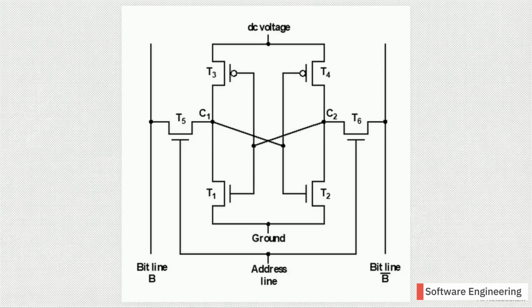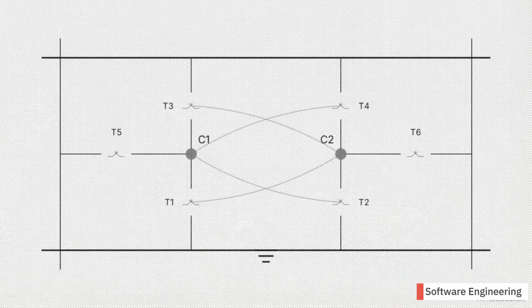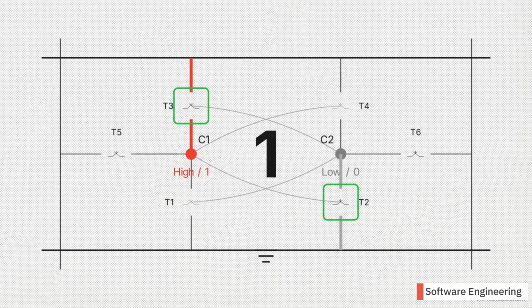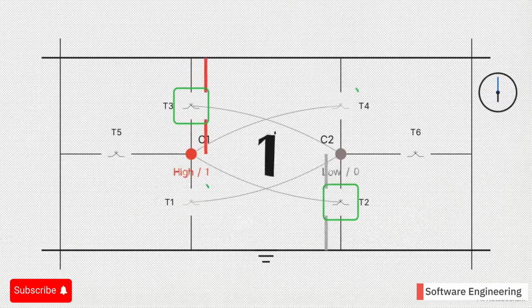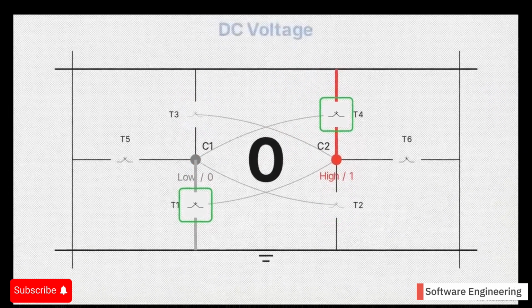The core mechanism relies on 4 transistors, T1, T2, T3, and T4, that are cross-connected to produce a highly stable logic state. When a logic state of 1 is held, point C1 remains high and C2 remains low. This configuration keeps specific transistors locked perfectly on or off. Because of this stability, SRAM requires no refresh cycles. It holds data perfectly for seconds, minutes, or days, as long as direct current power is applied.